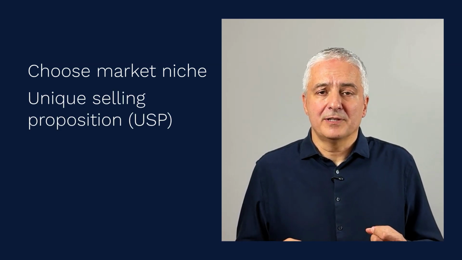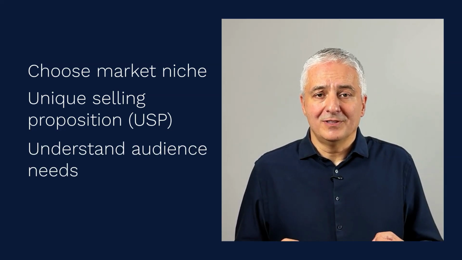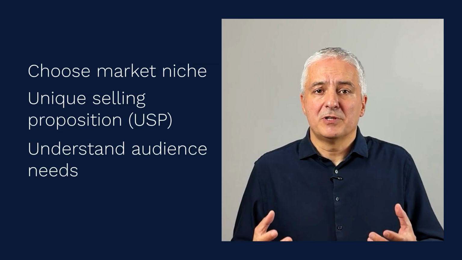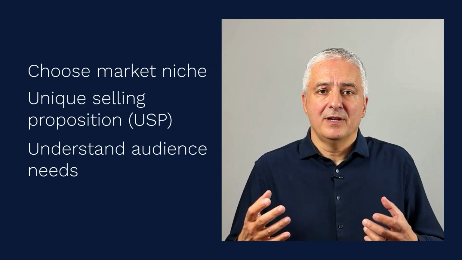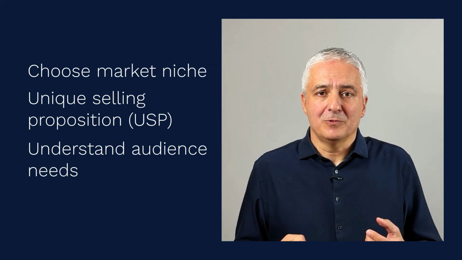And this is also what I explained in this same lesson. And this also means that you have to understand your audience's needs very well. So you need to understand perfectly well what their pains are and what they try to resolve, and how you can actually help them with that. And once you have all of these three things together, then you can start building your brand as an expert.